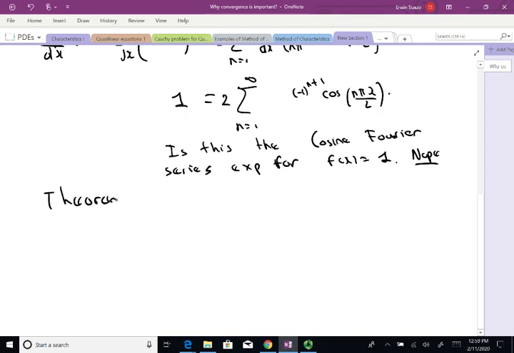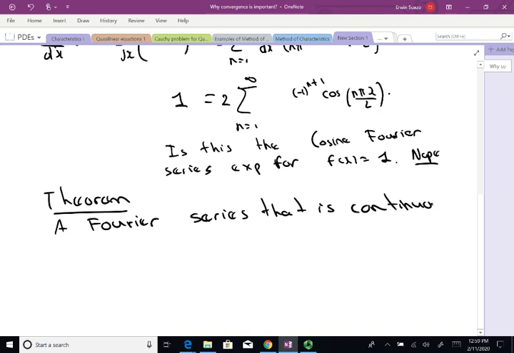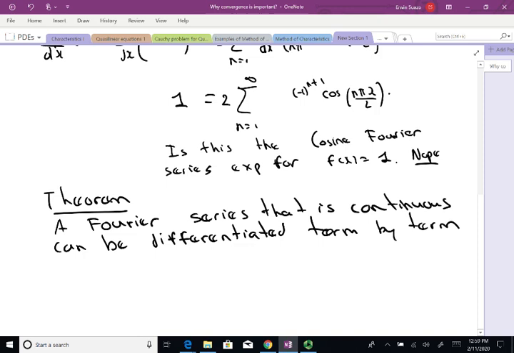So, some theorems of convergence. Theorem: a Fourier series that is continuous can be differentiated term by term if f prime of x is piecewise smooth.